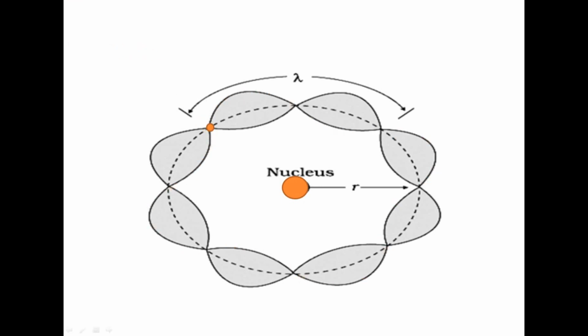We can also understand it like this: for an electron to follow the same path continuously, the circumference of the circle must contain integral multiples of the wavelength of the electron. This is the point that is used by de Broglie to explain Bohr's second postulate.